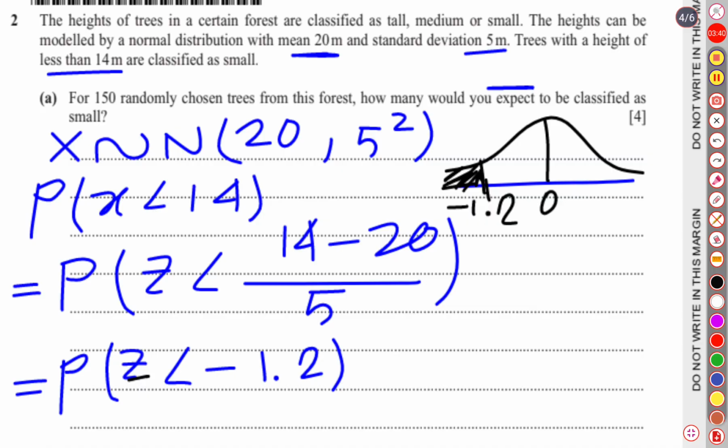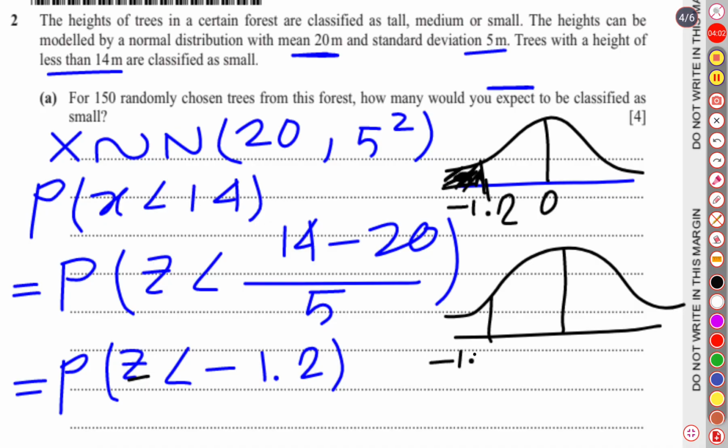For this, actually, the probability corresponding to a negative z score is not given in the normal distribution table. That's why we will do this: we know that this portion is our requirement, negative 1.2.